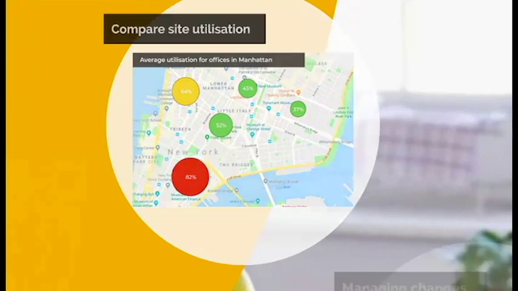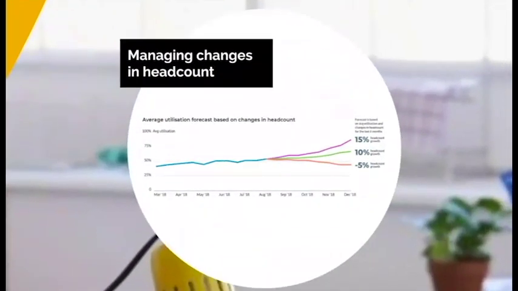And the last is quite important as well, especially when you manage a larger portfolio of buildings: the ability to predict and forecast utilization over time. So if you have the data for average utilization and peak utilization over time, and you can see how your headcount grows or declines over time, based on that, you can forecast different scenarios.